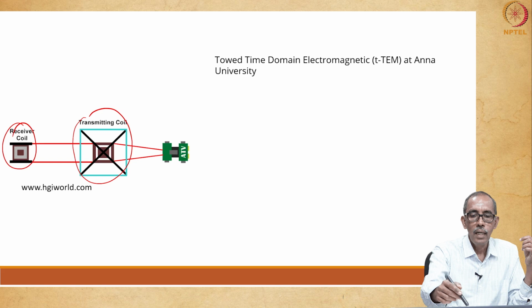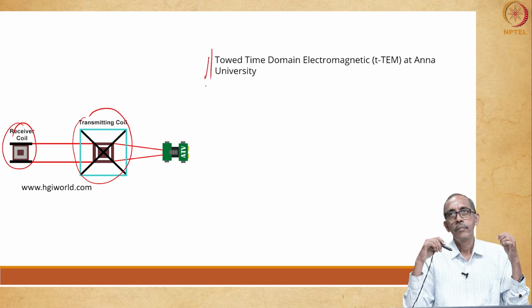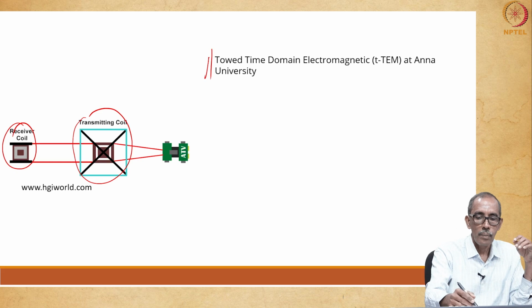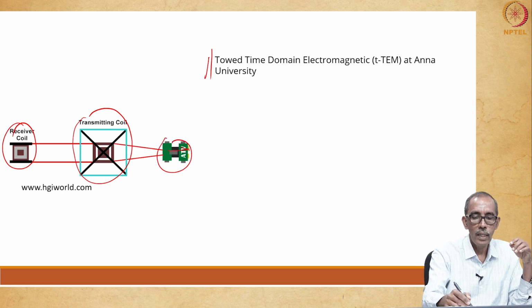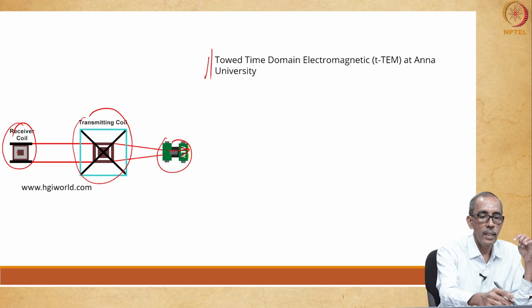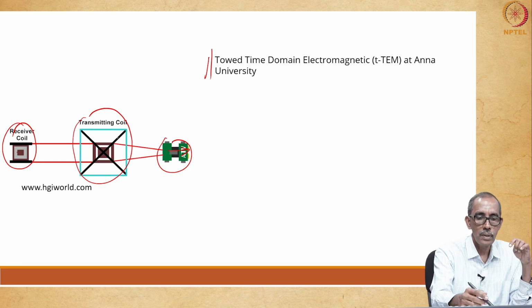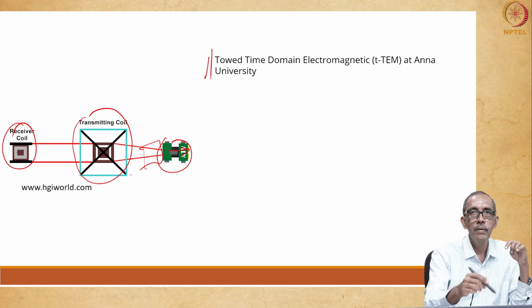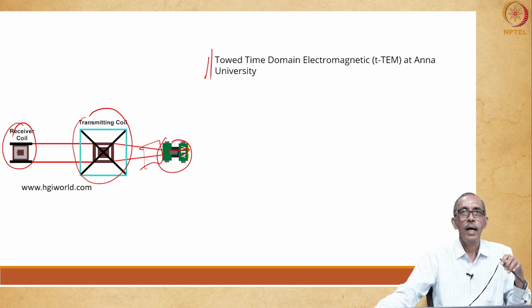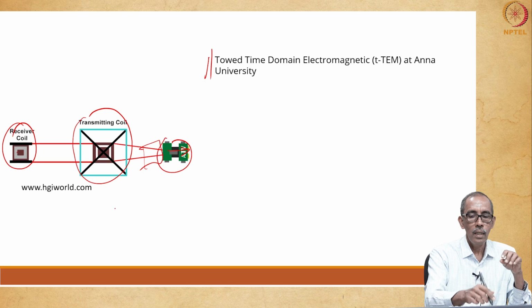This is known as the towed time domain electromagnetic method, in which there can be an all-terrain vehicle in the front, which is attached to a transmitter coil. Behind that is the receiver coil. Sometimes the transmitter coil is very close to the all-terrain vehicle. So, both are towed and the vehicle keeps moving continuously.